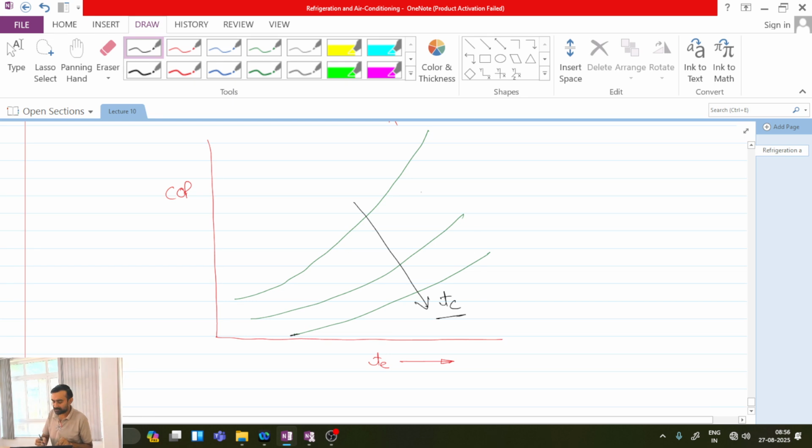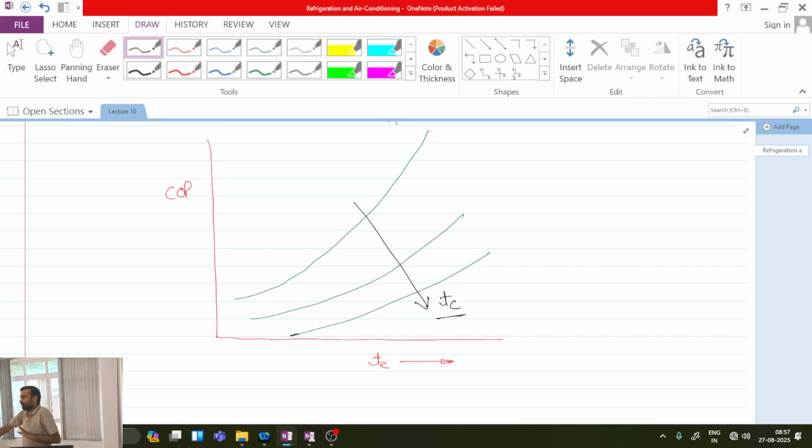One important point you can observe over here: whenever I have plotted these lines, the slope is steeper for the low condenser temperature. At low condenser temperature, a change in evaporator temperature leads to a significant increase in COP. Whereas for very high condenser temperatures, increasing the evaporator temperature will of course have some effect on increasing the COP, but the amount of effect will be less in comparison to the effect observed at low condenser temperatures.